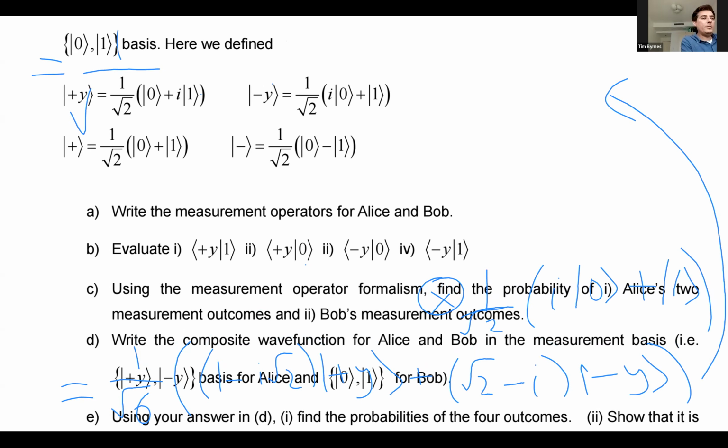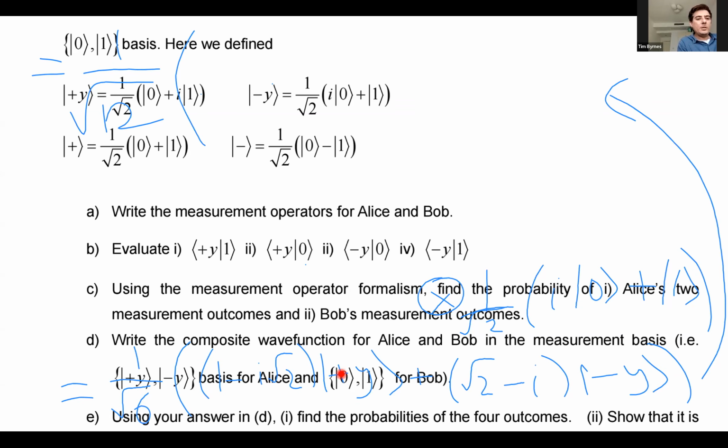So it's 1 over root 12. When you do the tensor product, you have to make sure that you don't change the order, because this one is Alice and this one is Bob, right?